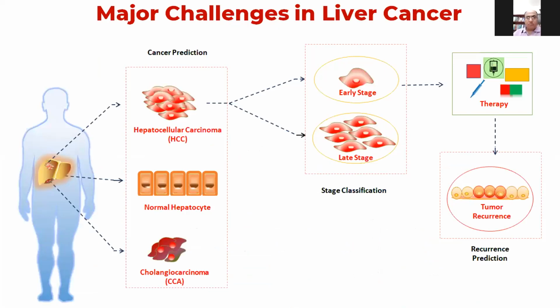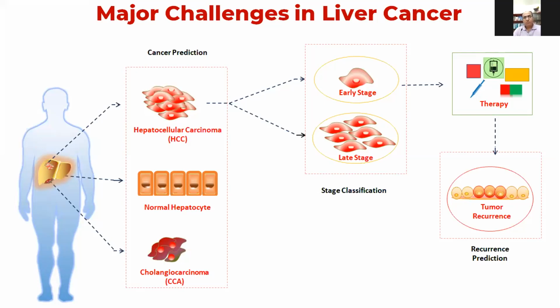To proceed with a research problem, first of all, we search the literature and go through the major challenges and problems associated with liver cancer. Through extensive literature research, we found 3 or 4 major issues associated with liver cancer that eventually result in poor prognosis.